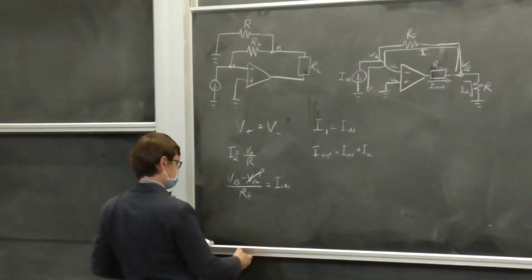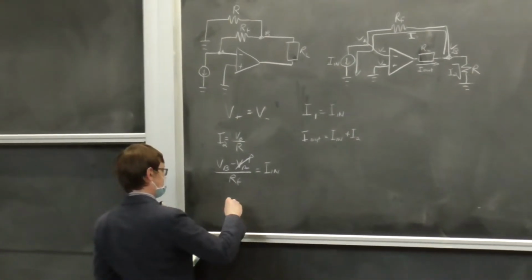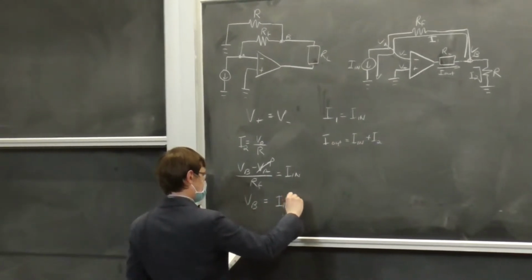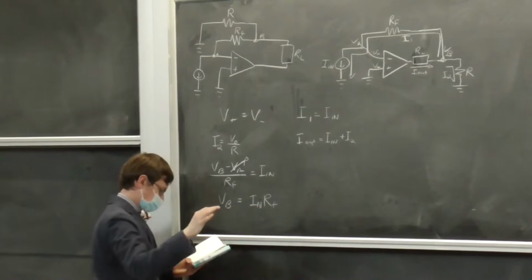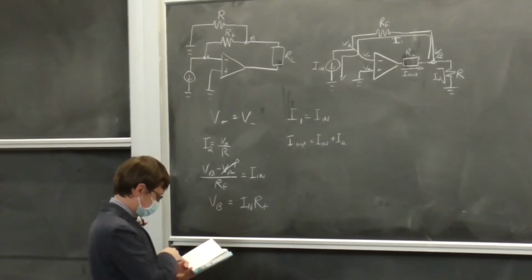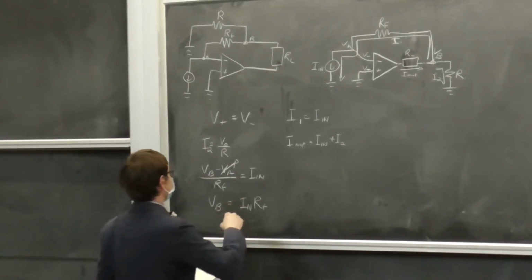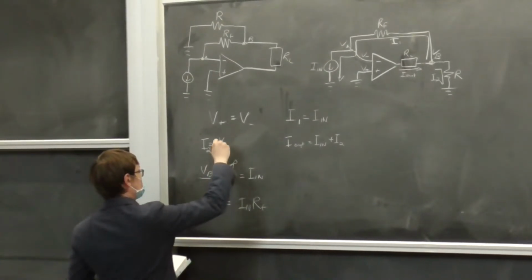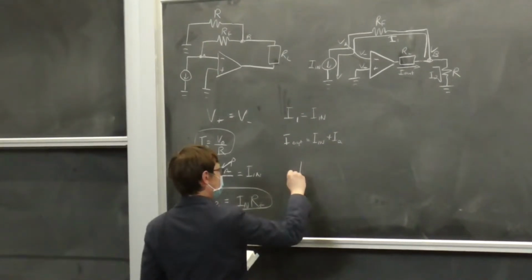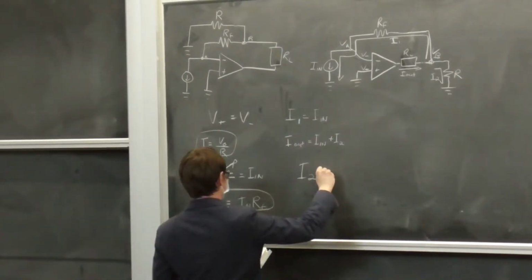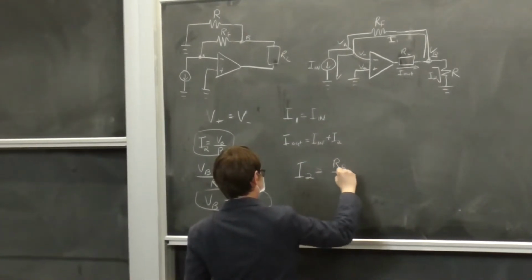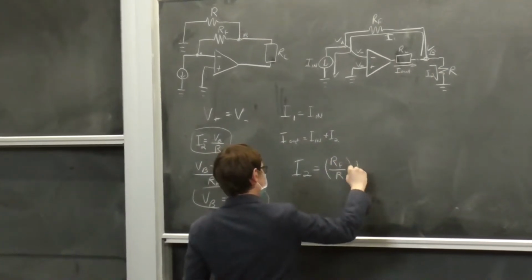So, we can then say VB, of course, is equal to I in times RF. I know you could have gotten there just straight from Ohm's law, but good. We then take this guy and that guy, and we can say I2 is equal to RF over R times I in.